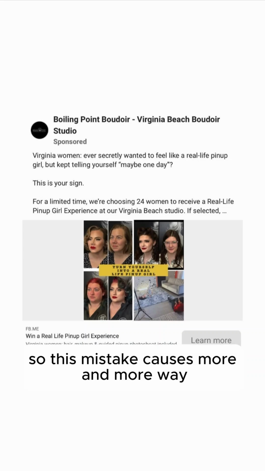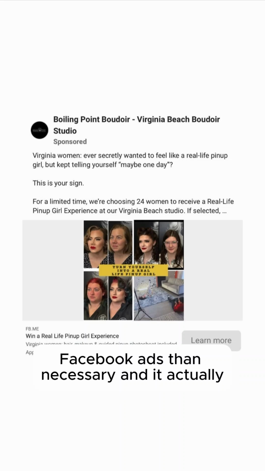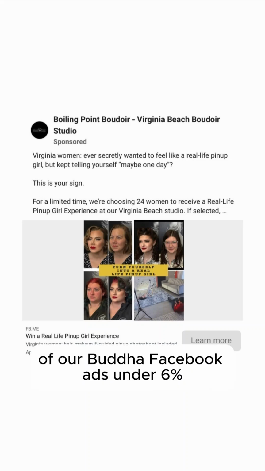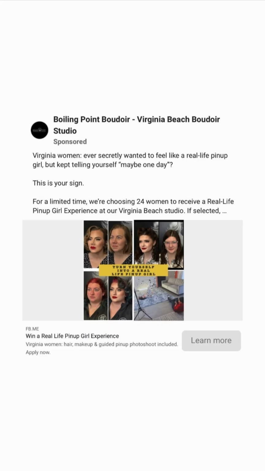So this mistake causes way more women to scroll by our Boudoir Facebook ads than necessary, and it pulls the unique CTR of our ads under 6% and increases the probability we have BLCS.